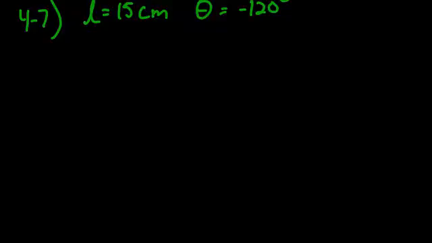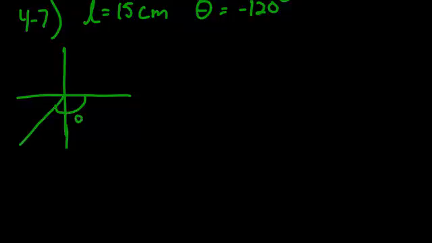So if we were going to draw this, at negative 120 degrees, we're going to go from here 120 degrees, so that we're at theta equal to minus 120 degrees. And the length is 15 centimeters.